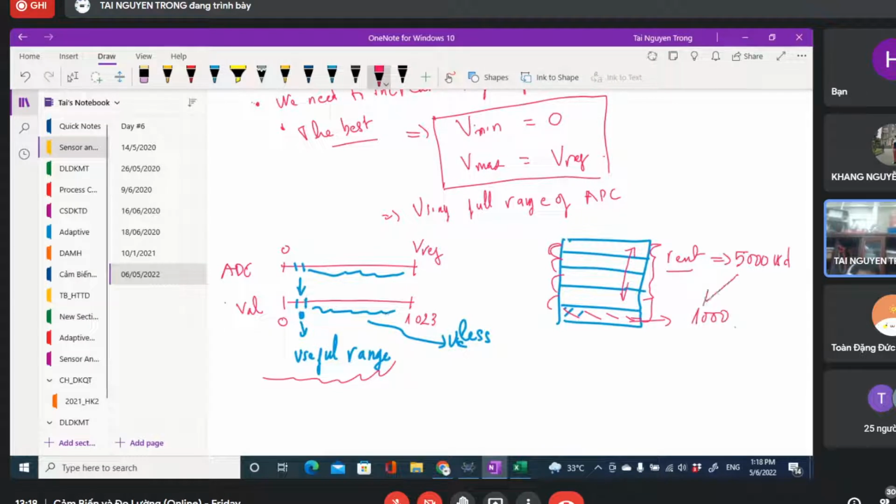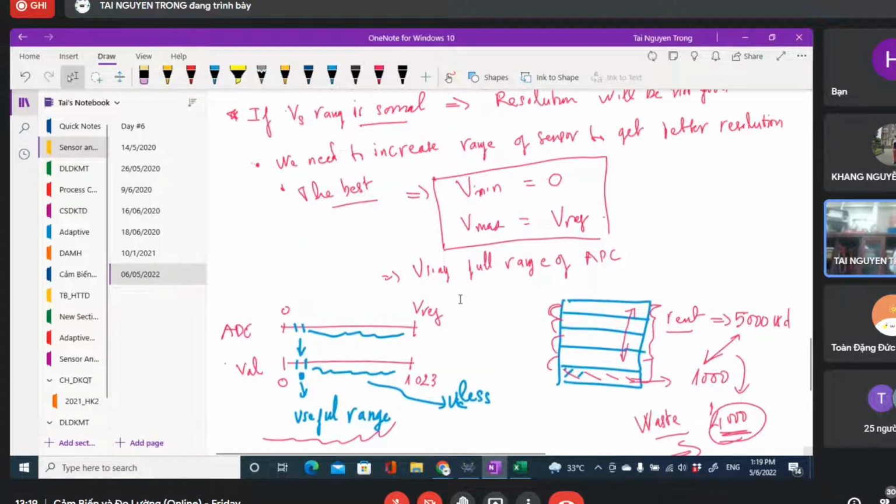It means that we waste about 4,000. We need to turn on only the request for the best efficiency. Okay, and that's the first one.